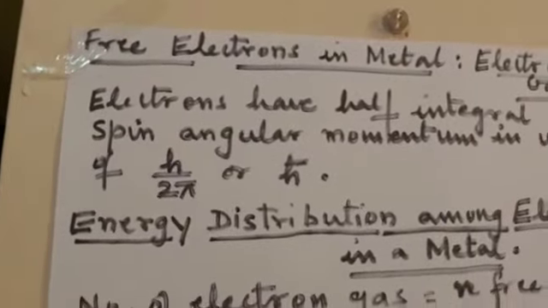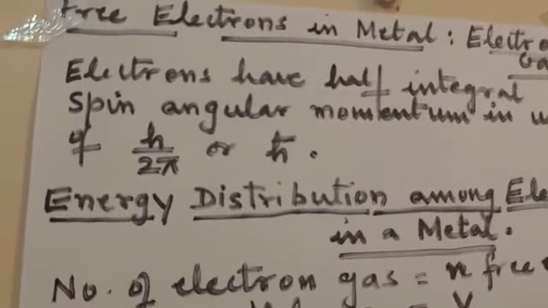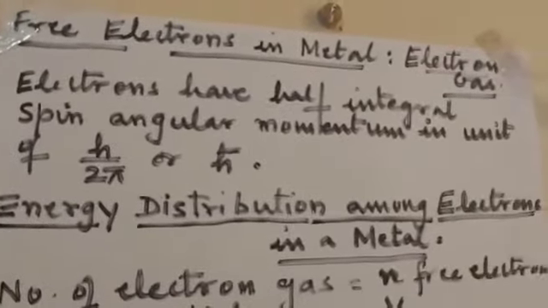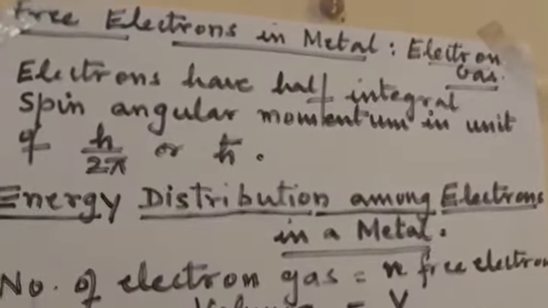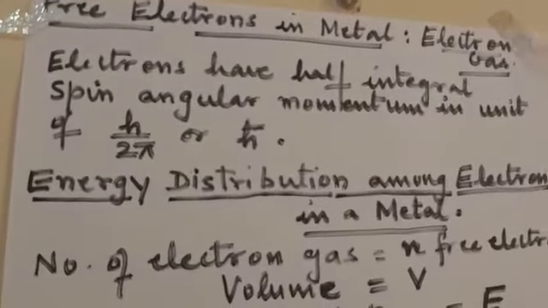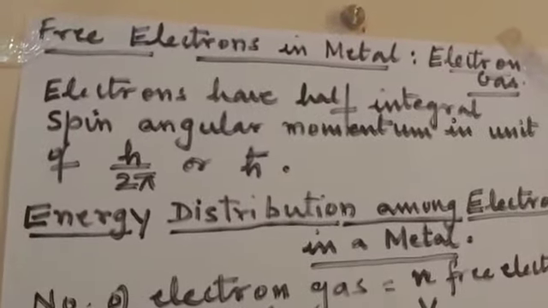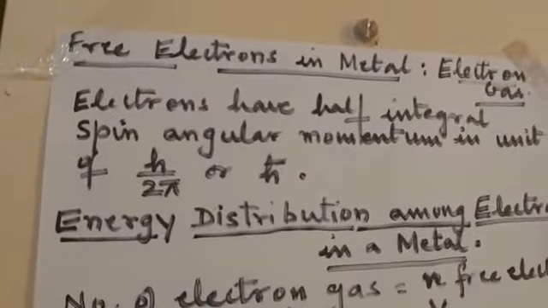Fermi-Dirac derived an expression for the distribution of energies among electrons in the electron gas in a metal on the basis of these assumptions. That is for fermions because they have electron spin.